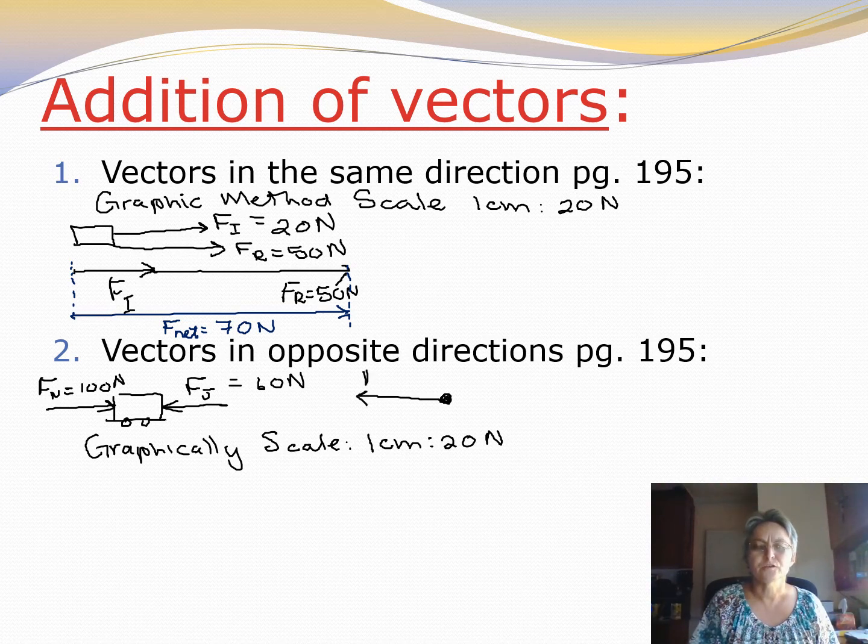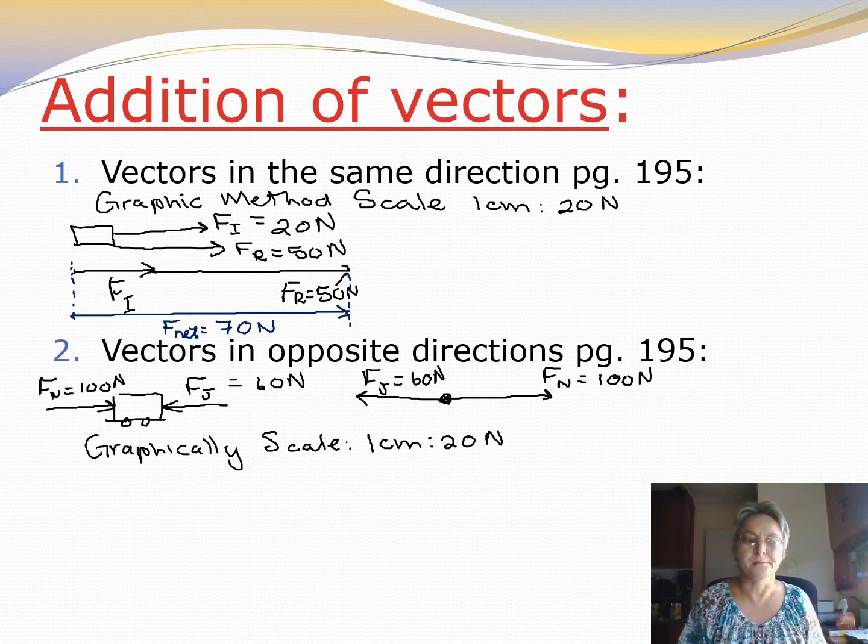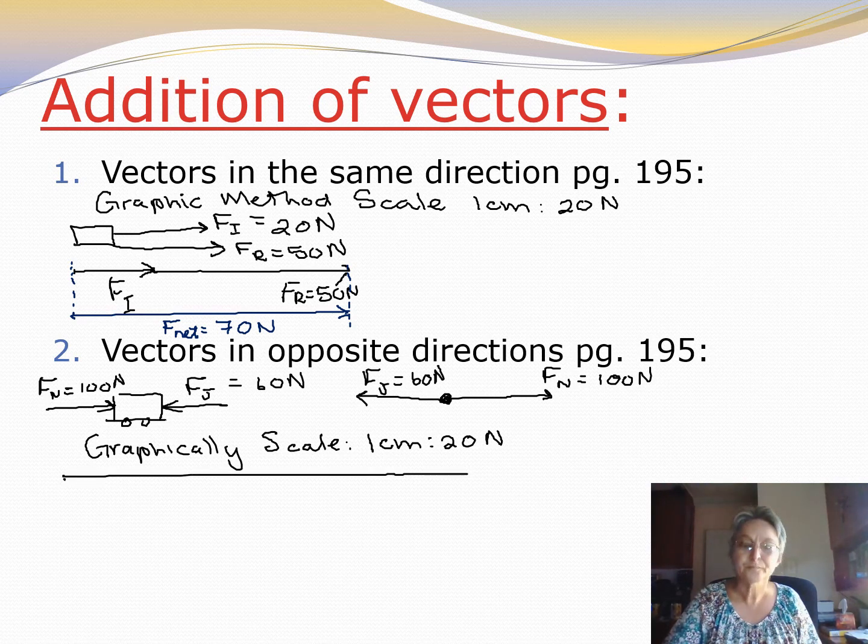Fj would be 60 to the left and Fn would be 100 to the right. So 100 to the right would mean that that line is 5 centimeters long. Right. So this is my 100 newtons to the right.